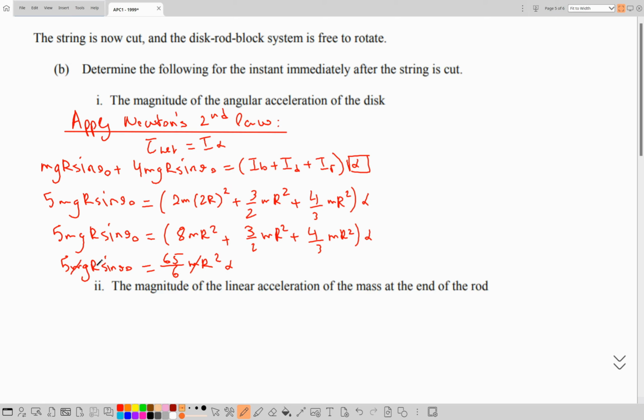We can start applying the cancellation effect, and we can simplify 5 with 65, that would be 13. Then at the end we would have g sine theta 0 is given by 13/6 r multiplied by alpha. We're interested in determining alpha.